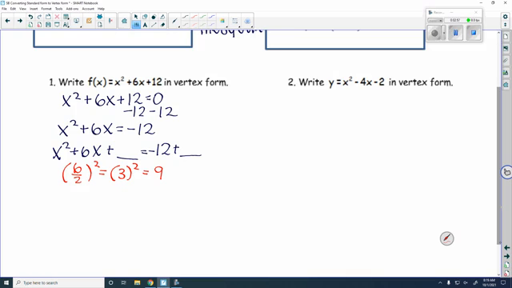And then we're going to fill that in on those blanks. So I'm going to rewrite that line as x squared plus 6x plus 9 equals negative 12 plus 9.